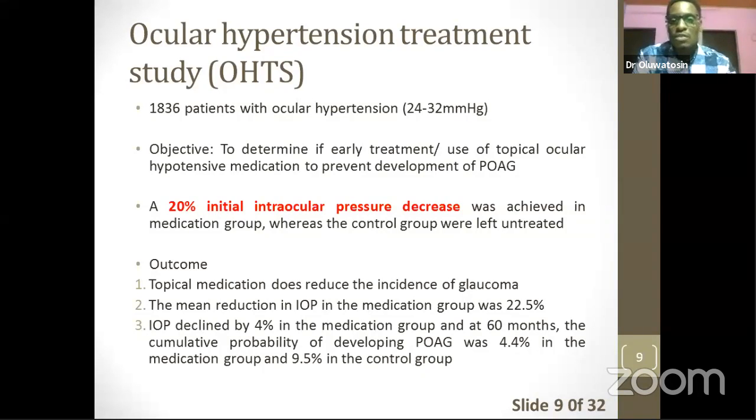The objective of the study was to determine if early treatment and the use of topical ocular hypotensive medications can prevent the development of primary open angle glaucoma.